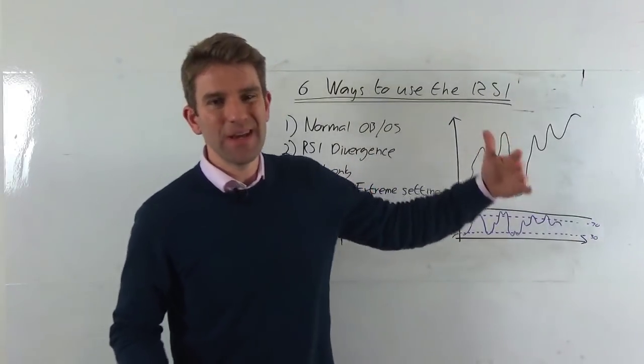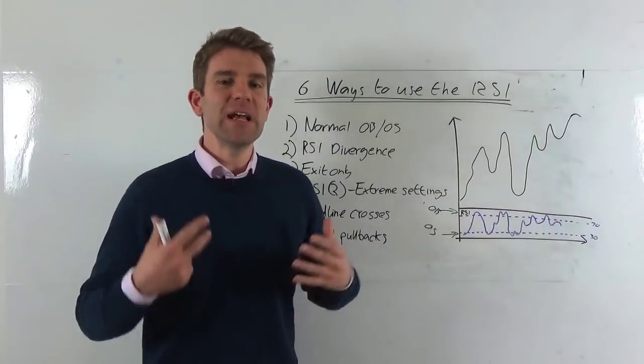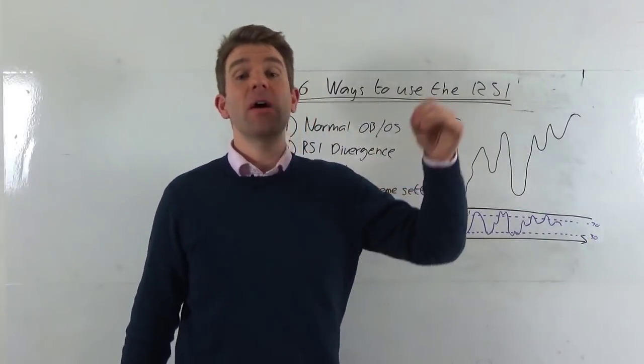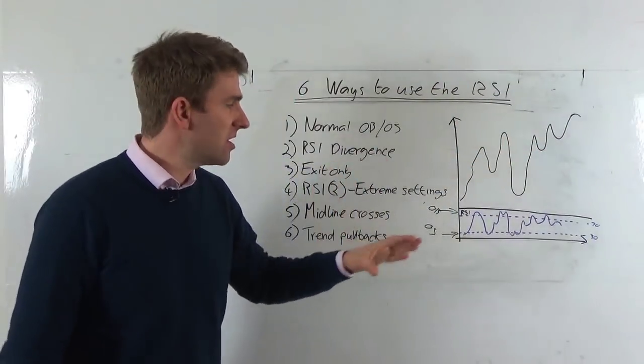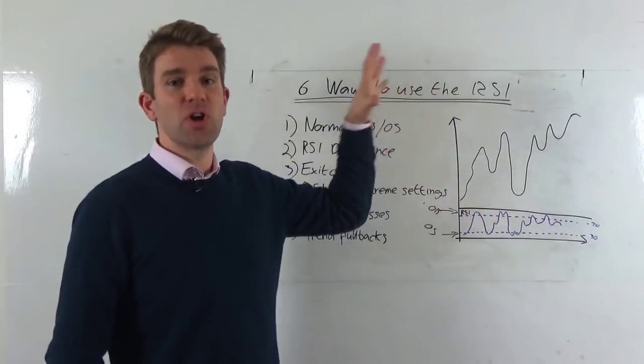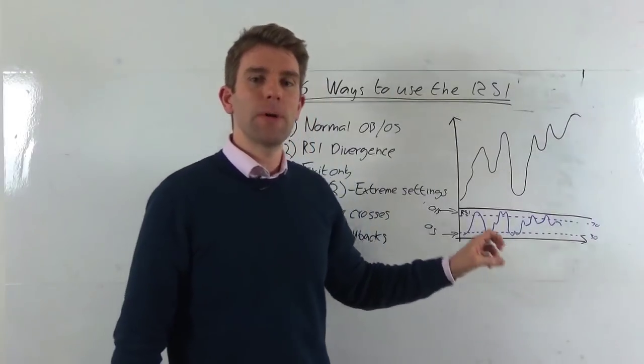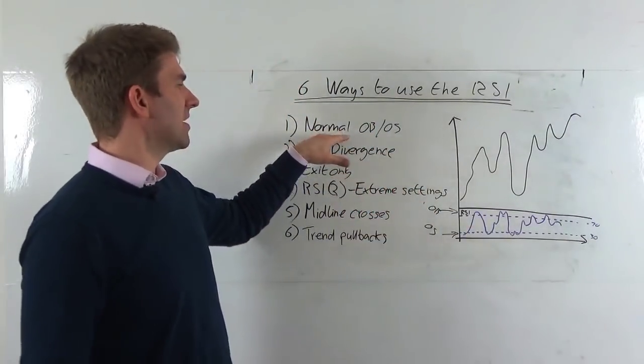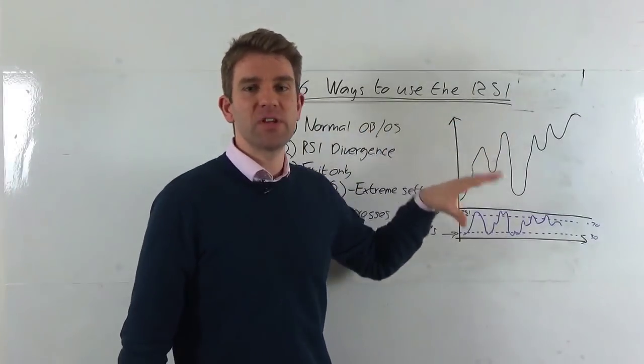You kind of get some wins, you get some losers. It's not really a standalone strategy to use. However, you can use it as a guide, and before I've talked about using it as a filter. So whilst I never recommend just going short when we're overbought, buying when oversold, it's a good starting point to build something from. So that's almost like the normal regular way of using RSI.